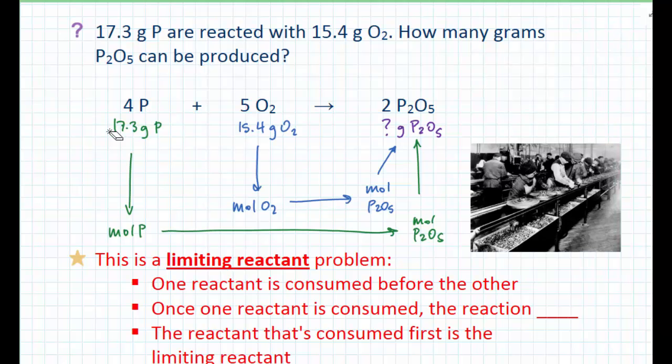That's because they combine with each other in a fixed ratio, and one of those will always get used up before the other. No matter how carefully we try to control it, there will always be some left over of one of them. Okay? And once one reactant is consumed, what do you suppose has to happen? The reaction stops.